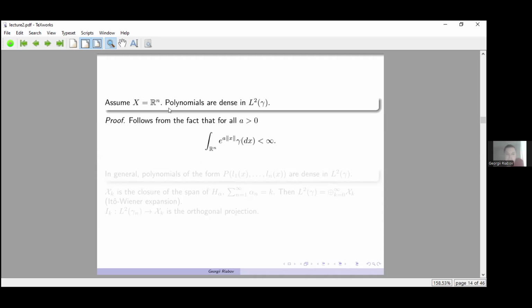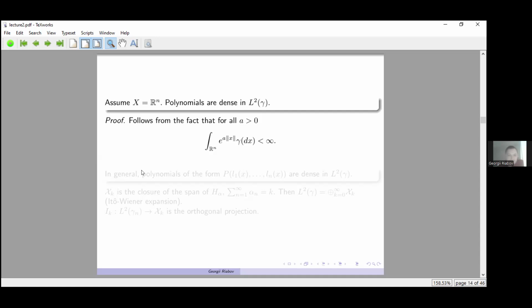Now, in the finite dimensional case, polynomials are dense. This is a general property of probability measures. So if a probability measure has exponential moments, then polynomials are dense in L2.